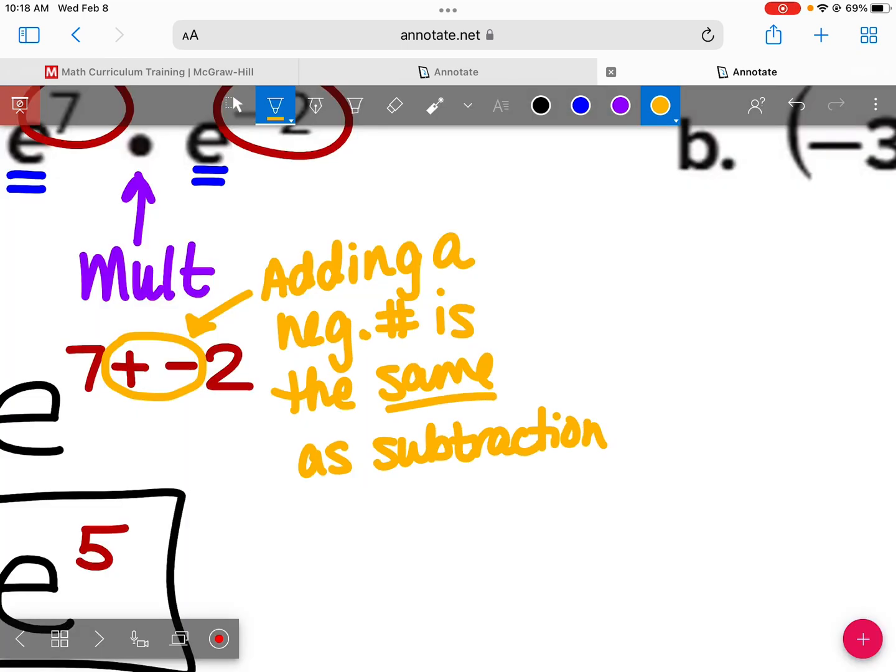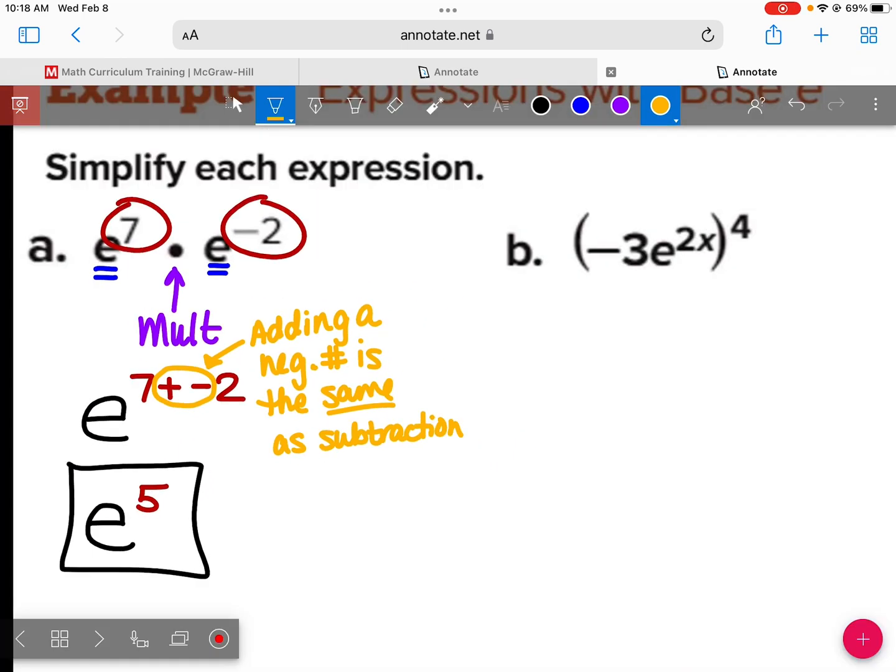This is the second time we've seen a negative show up as an exponent when we're multiplying two of the same bases together. What do negative exponents do to their bases? Make it a fraction, so it would be 1 over e to the second.